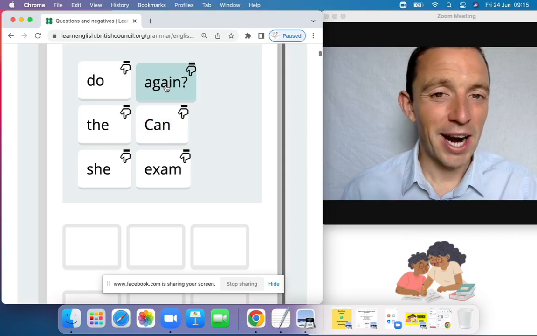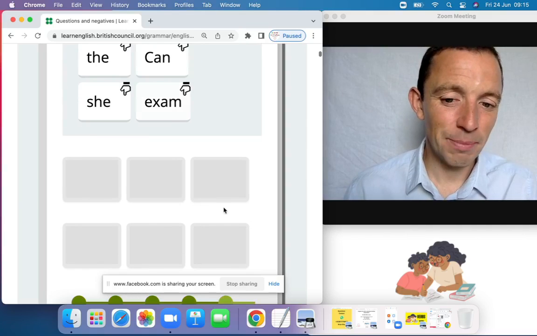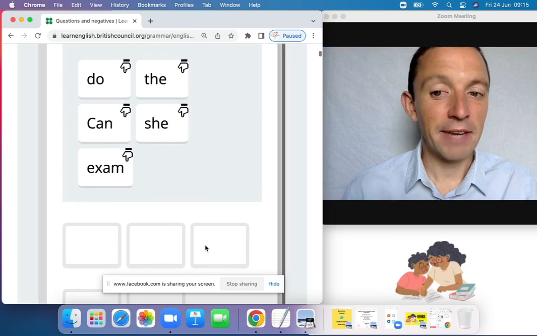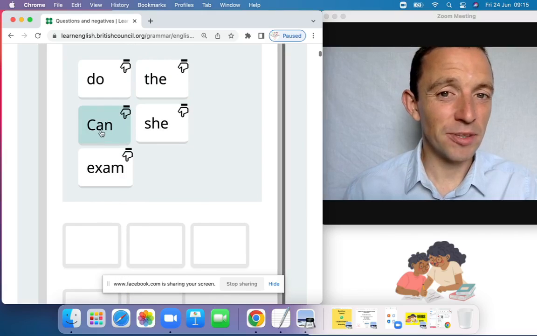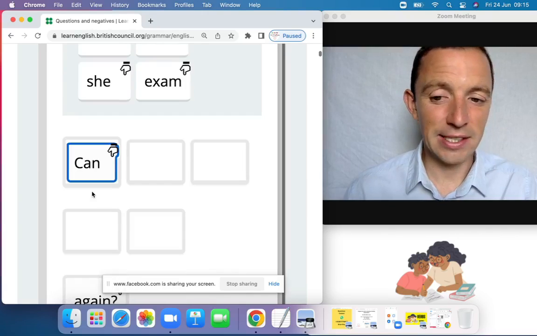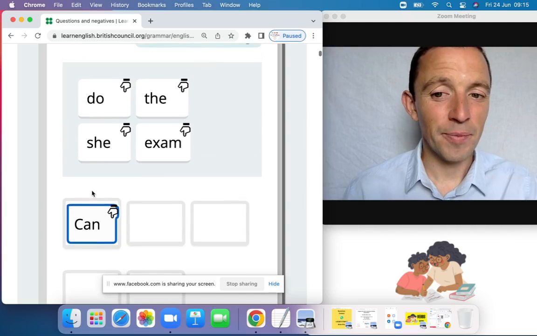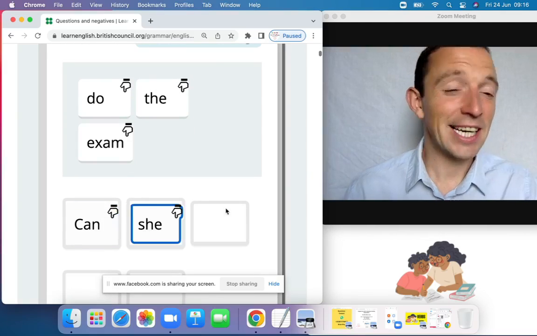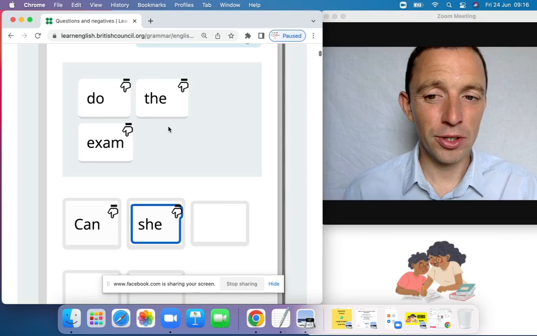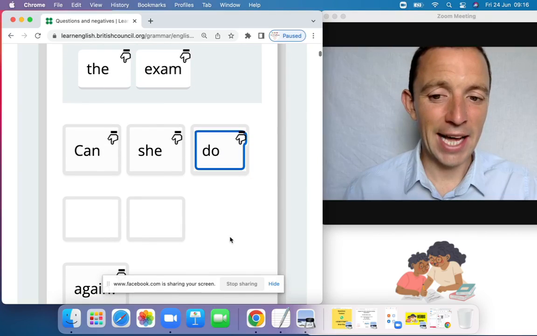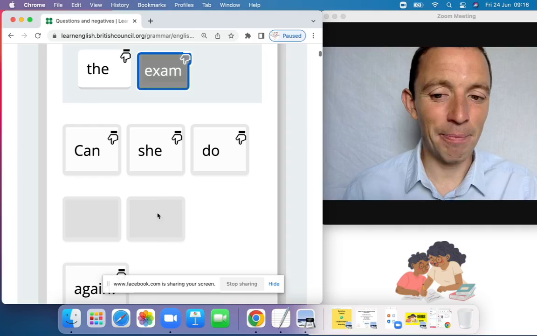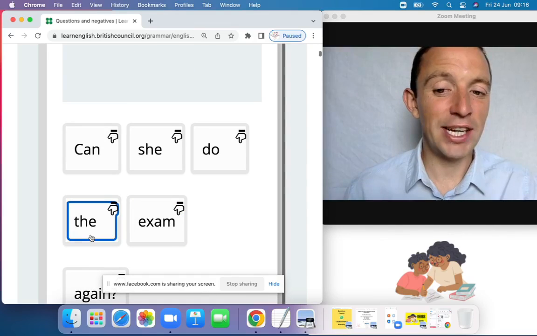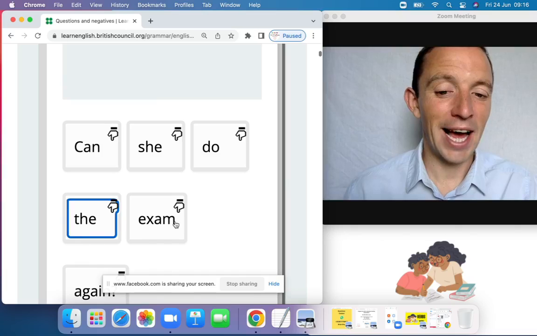So the question mark is normally the last part, and the capital letter is normally the first part of the sentence. The subject is only one subject, can she. The next verb, only one verb, do. And the object is exam plus the article the exam. Can she do the exam again?